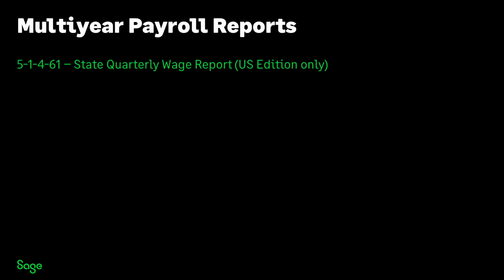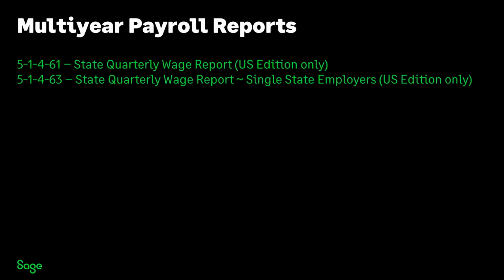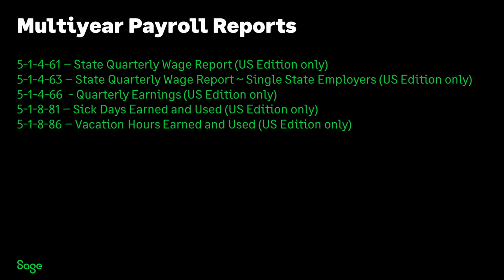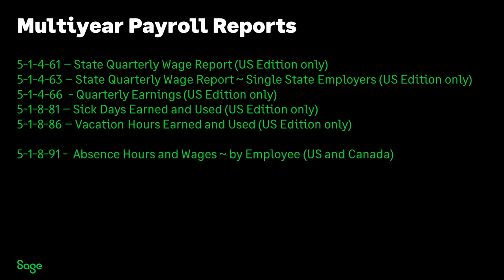Payroll reports that are now available with multi-year options are the State Quarterly Wage Report, State Quarterly Wage Report for single state employers, Quarterly Earnings, sick days earned and used, vacation hours earned and used, and absence hours and wages.